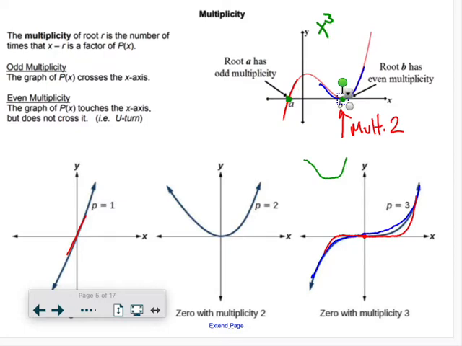So right here, here's another x-intercept, which is another 0. This is an x-intercept or 0 that has multiplicity 2 because the curve kind of comes in and just touches the x-intercept and turns back away without passing through the x-axis right there. So that would be multiplicity 2, but it could actually also mean any even multiplicity.